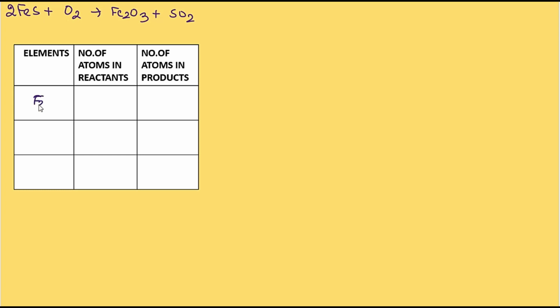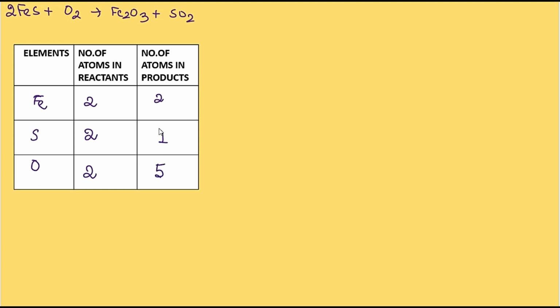So this is iron, sulfur, oxygen. Iron is 2 for reactants, sulfur is 2, oxygen is 2. In the product, iron is 2, sulfur is 1 and oxygen is 5.